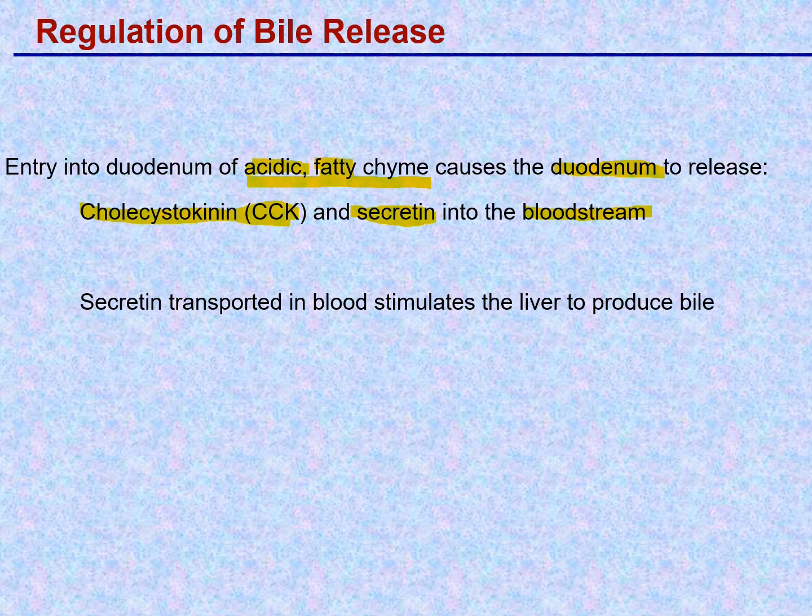So the endocrine cells, it's not a large gland, it's just a few cells in each of the ducts, produce these two hormones. The secretin is transported through the blood and will go to the liver, among other places, but in the liver it is able to stimulate liver synthesis or production of bile. So it upregulates bile production.